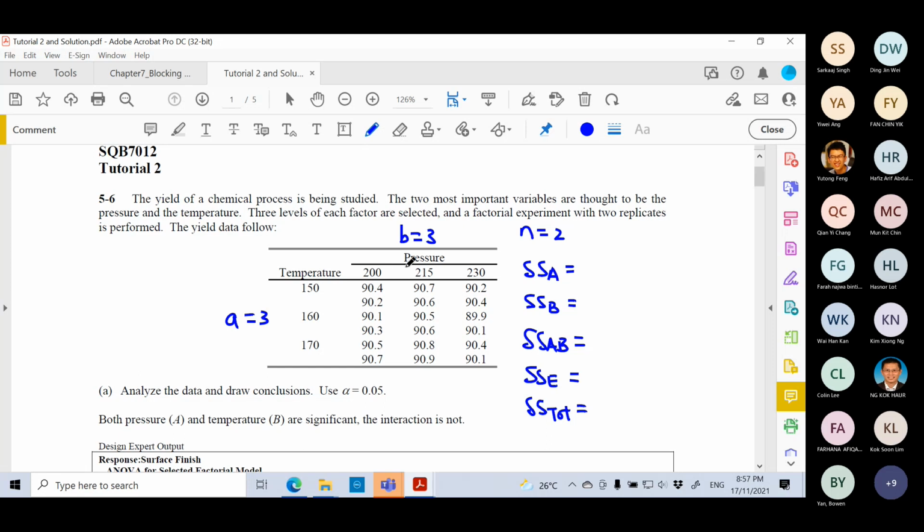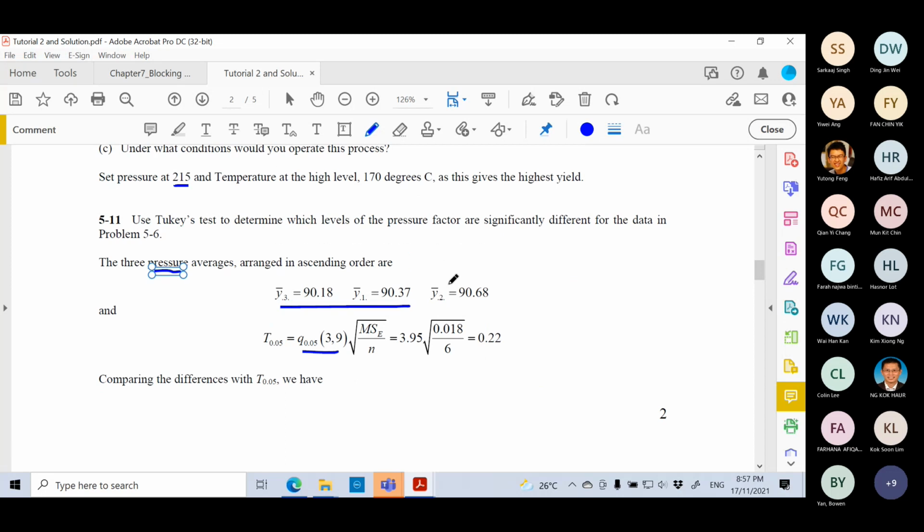If you want the maximum, then your pressure must be 215, which is number 2 here, also 19.8. So in this result, it shows that you should choose number 2, the pressure at 215.